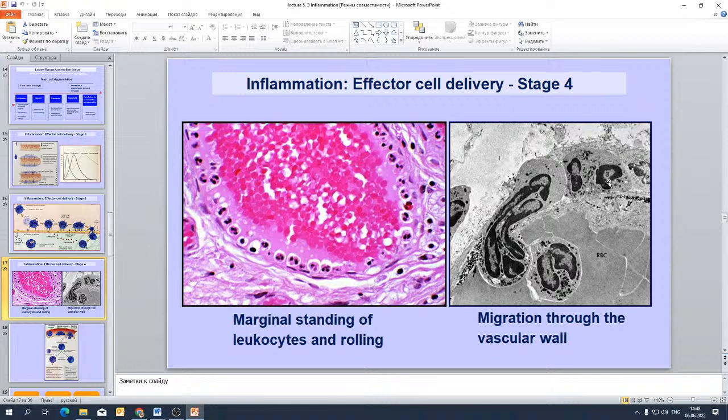The third leukocyte is localized in the matrix of loose fibrous tissue, not fibrinous. Fibrinous is a type of inflammation, and we will discuss fibrinous inflammation after the break.